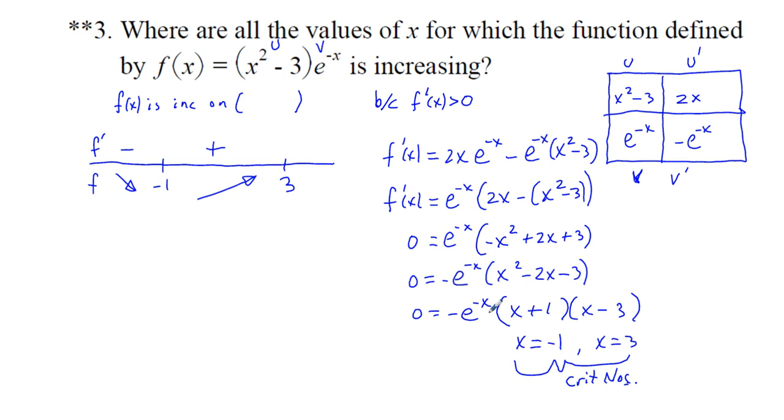And greater than 3, that's going to be negative, it's always going to be negative, negative, positive, positive, and negative times positive is negative. So f of x is increasing on negative 1 to 3 because f prime of x is greater than 0. See, pre-justification.